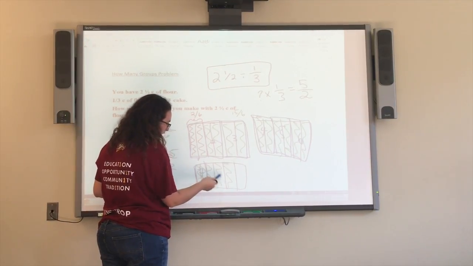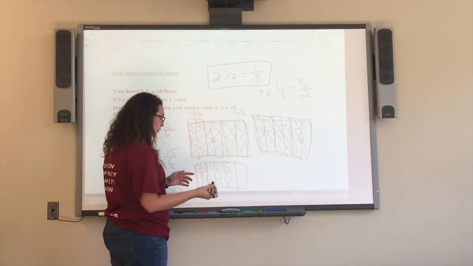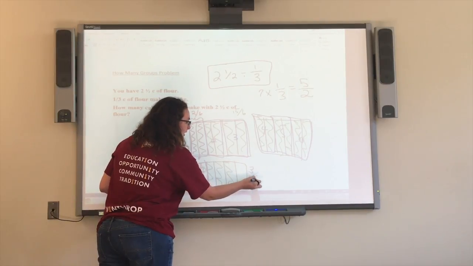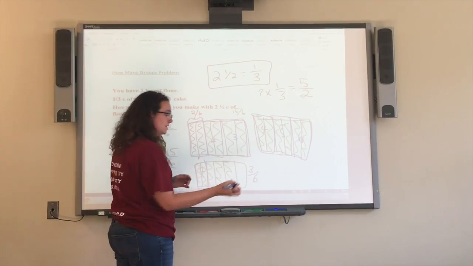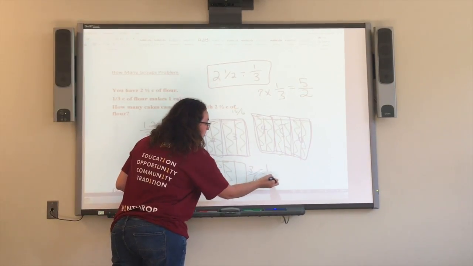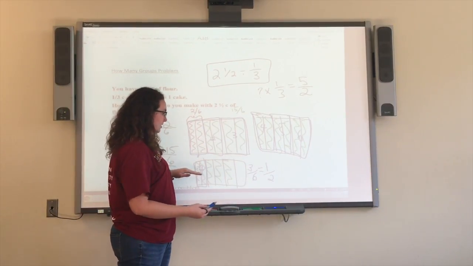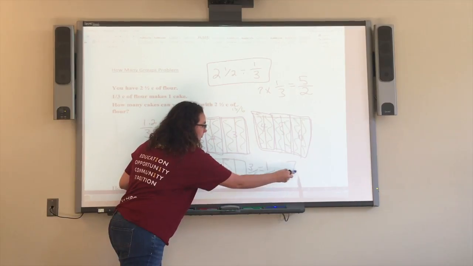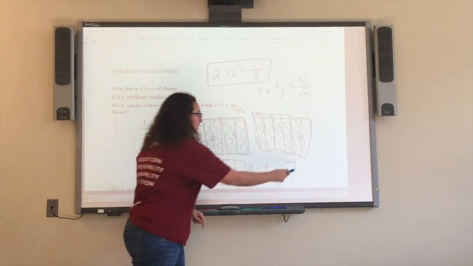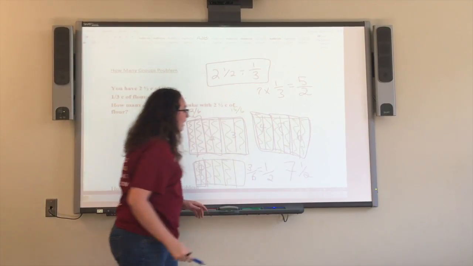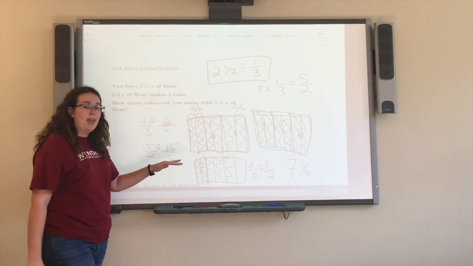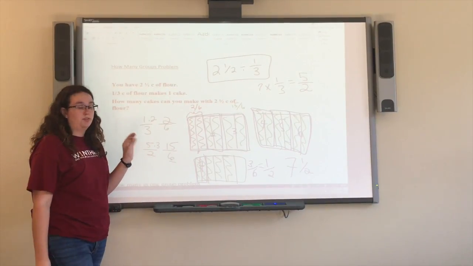But we have 3 pieces left over, so we have 3 out of the 6 left over. And we know that 3 over 6 also equals 1/2. So what we end up with is 7 pieces with a half left over. So now we know that you can make 7½ cakes with 2½ cups of flour.